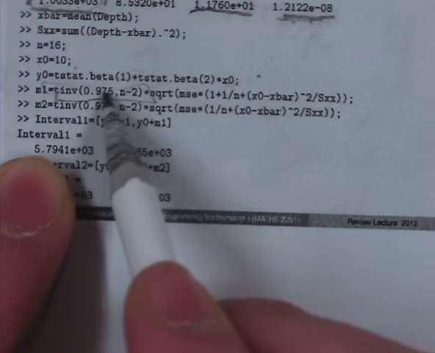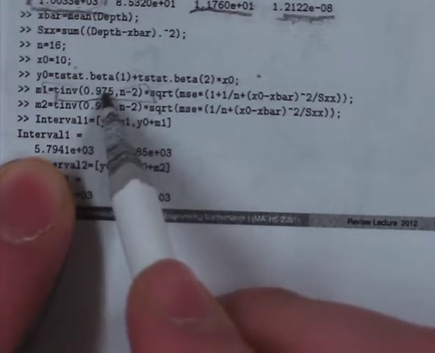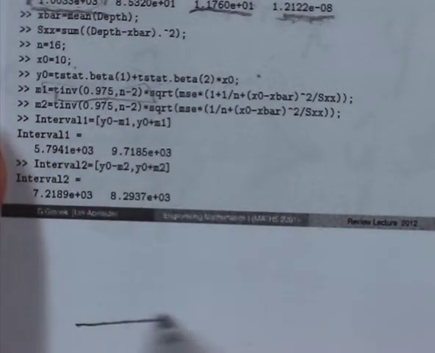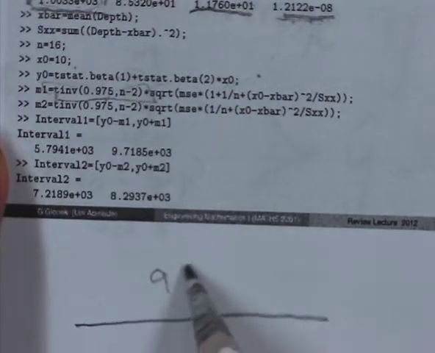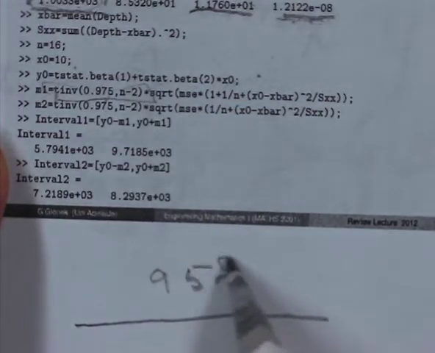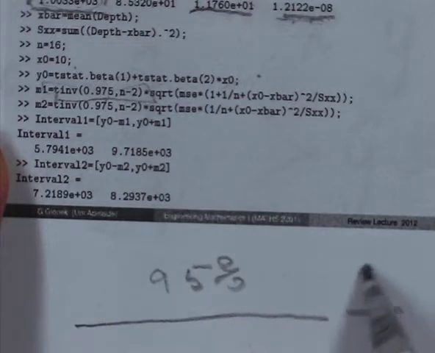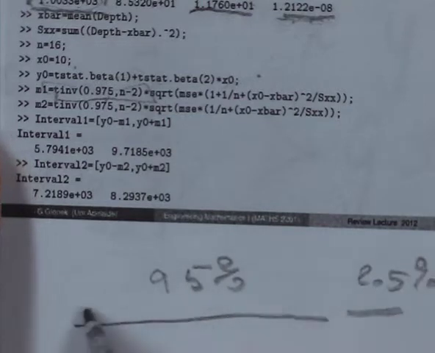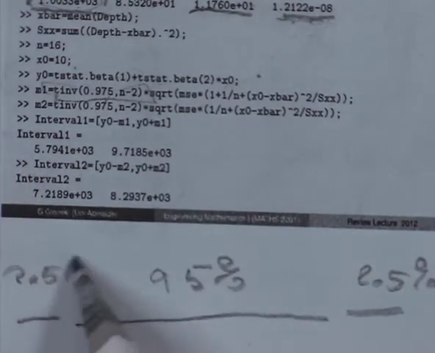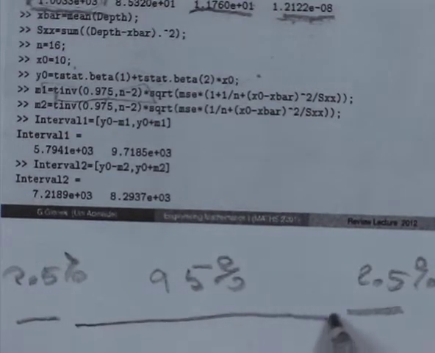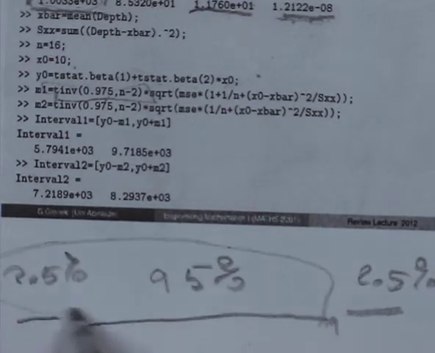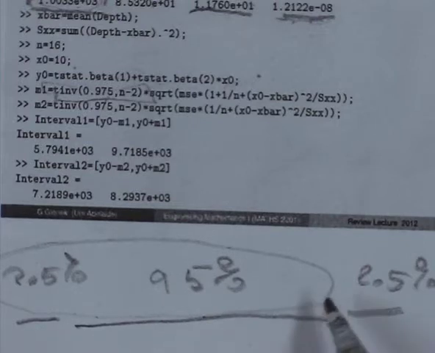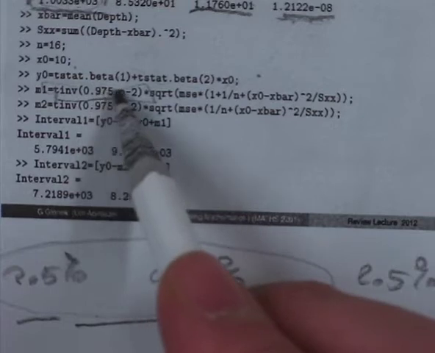See that 0.975? If I'm making a 95% confidence interval, that's 2.5% on either side. There's 95% in the middle, 2.5% here and 2.5% here. So I want this point here to have 97.5% below it. That's why he's used this 0.975.